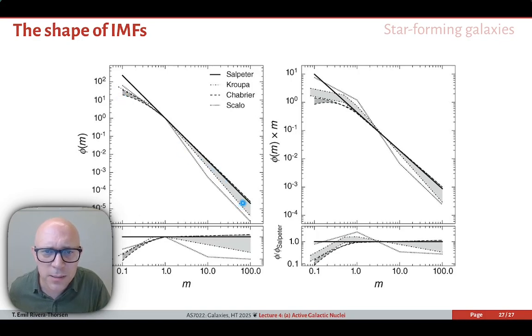It is this one. And the slope changes in various mass regimes. And you can see that there are other ones that are even more wiggly around this, but they form the same general shape, that smaller, more lightweight, less massive stars are way, way more frequent than the really high mass ones.